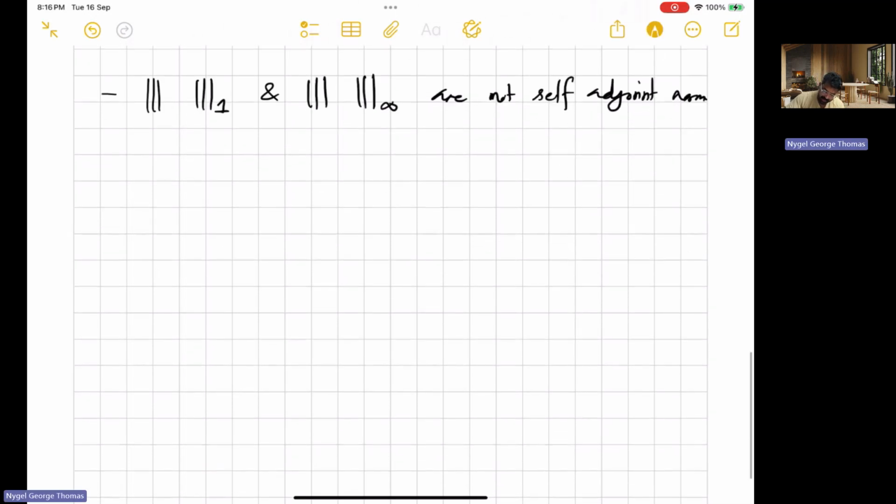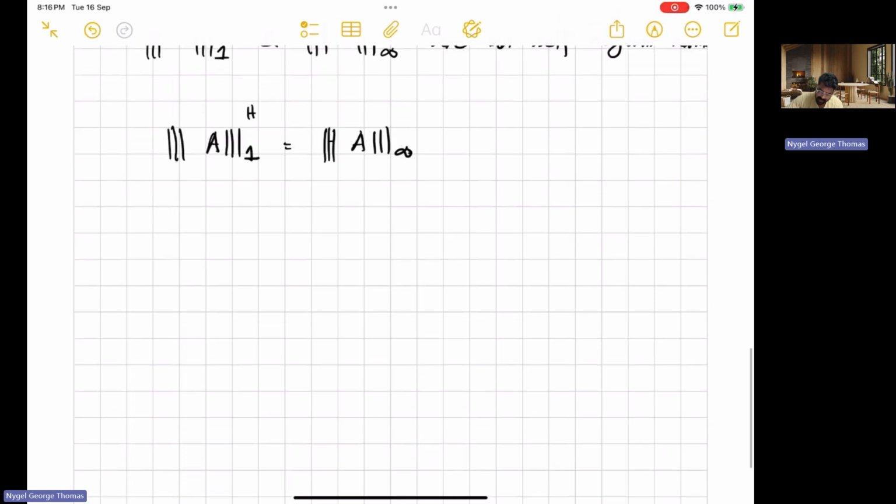In fact, the self-adjoint of the maximum column sum norm is the maximum row sum, and similarly, the self-adjoint of the maximum row sum is the maximum column sum.